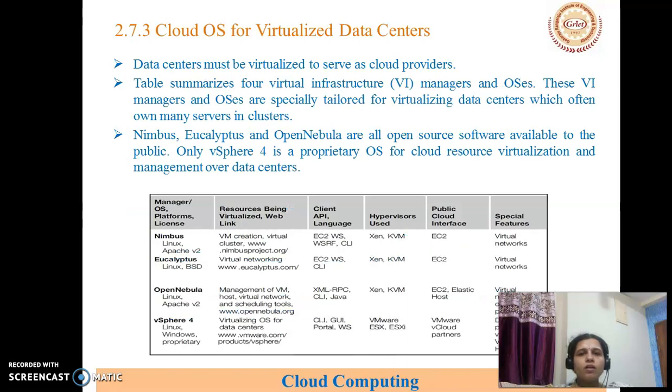Here, Cloud OS for virtualized data centers. The data center must be virtualized to serve as the cloud provider. The table below has the four virtualization infrastructures and OSs. These virtual infrastructure managers and OSs are specially tailored for virtualizing data centers, which often own many servers in clusters. Nimbus, Eucalyptus, and OpenNebula are open source software available to the public.